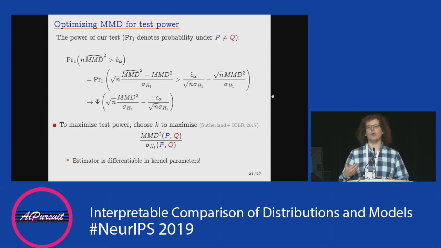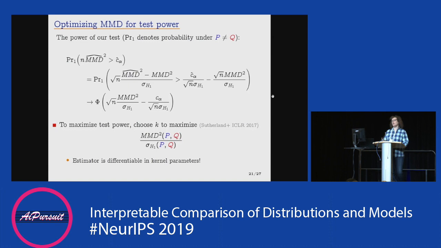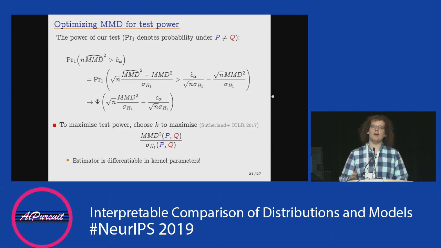Because then when you get any particular estimate value out, you're not going to really know whether it was big because the true value is big or big because the variance is big. So it turns out the right way to trade off between having the estimate be big and being confident in your estimate, so you can be sure it's bigger than your test threshold, is to divide this way.